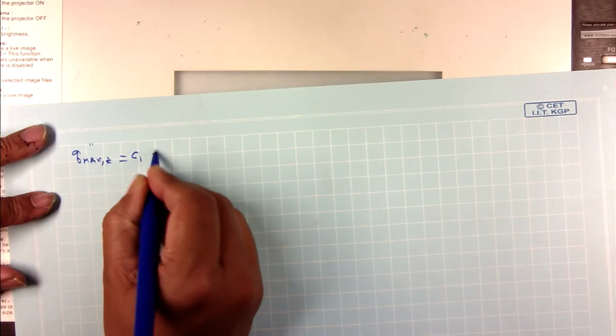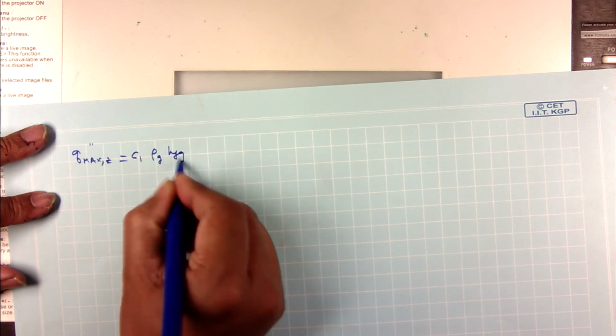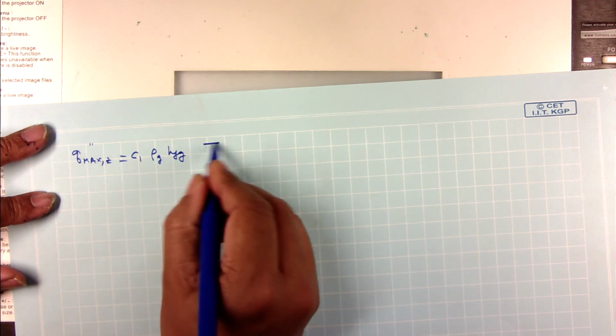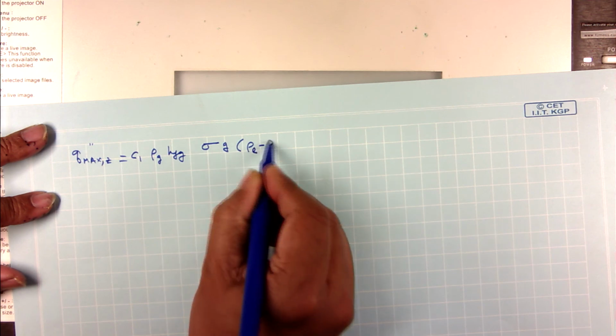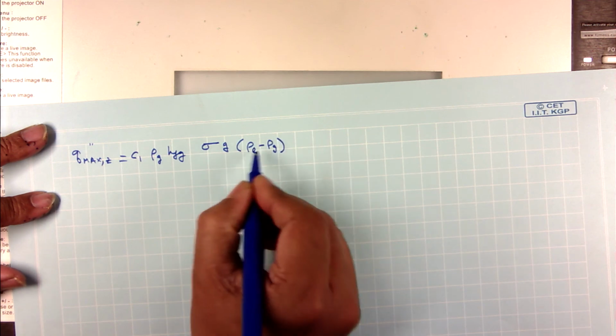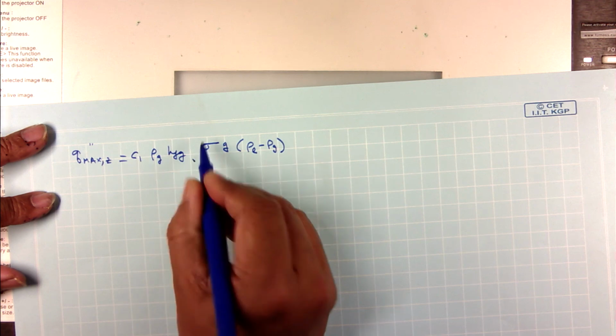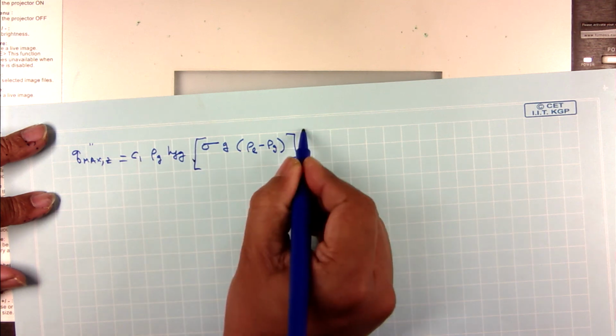Flat plate, yeah. C1 times rho g times HFG, sigma times g. Okay.